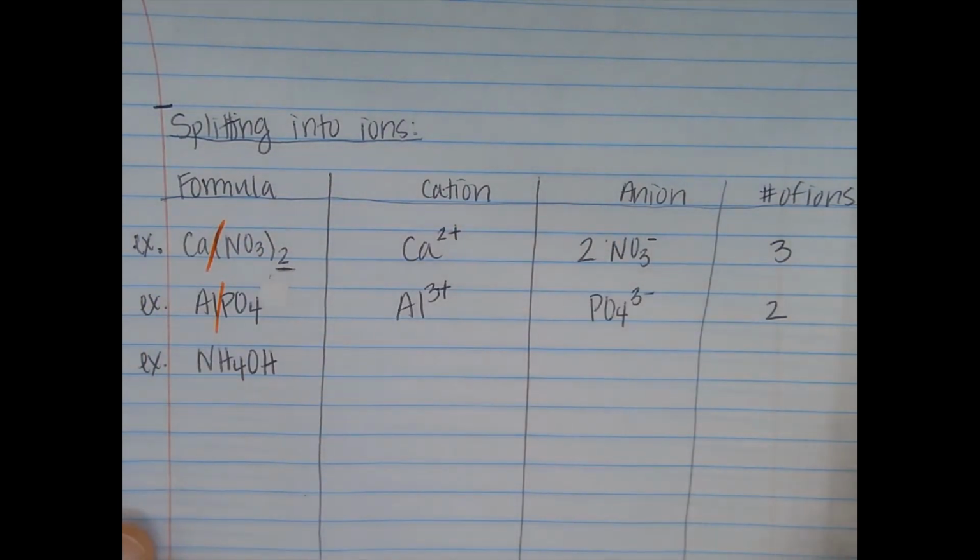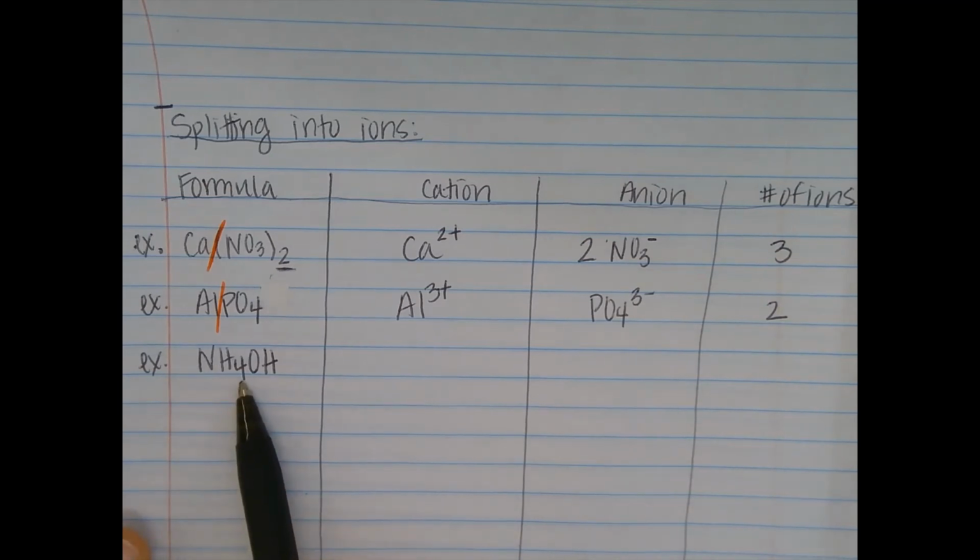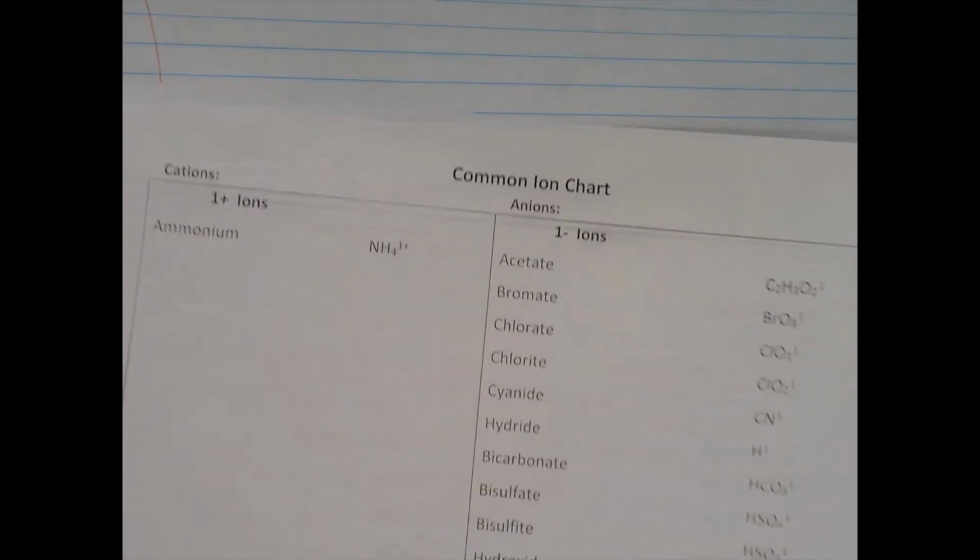NH4OH. Okay. I don't see any metals in this compound. These are all nonmetals. So that's my clue to check the chart. The NH4 is written first, and I know that that is a cation.